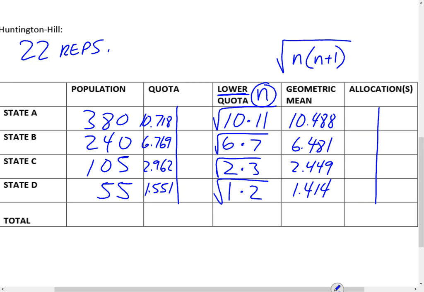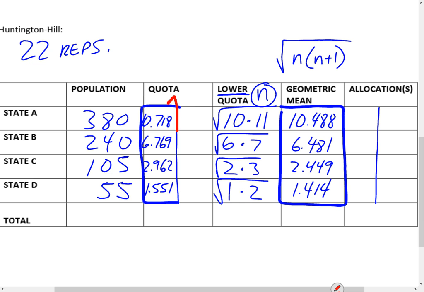We saved this last method for last because it's the most difficult because of this extra step. You now compare your quotas to the geometric means. Is 10.71 more or less than this?